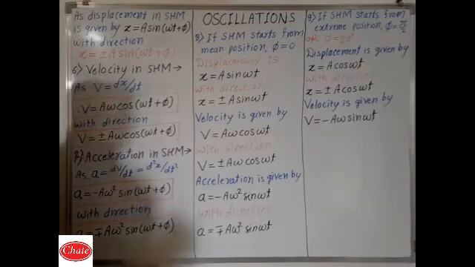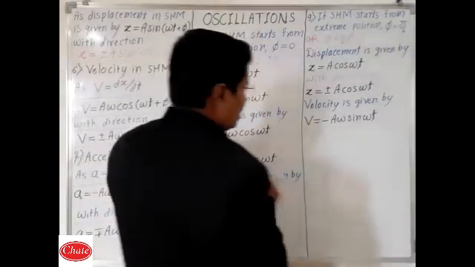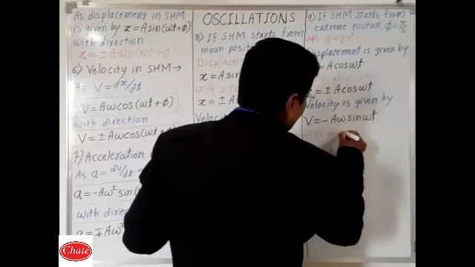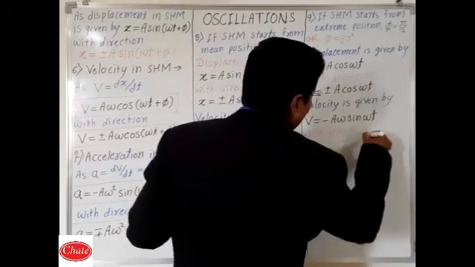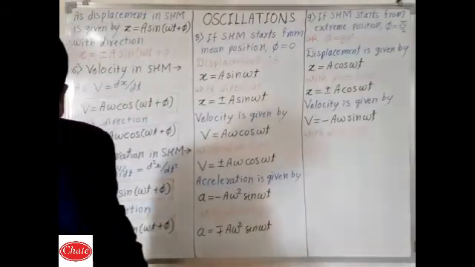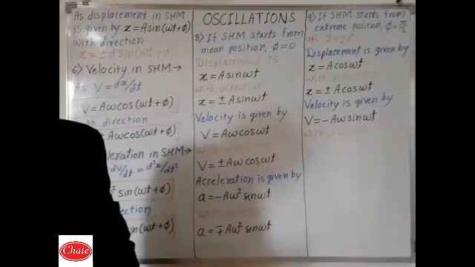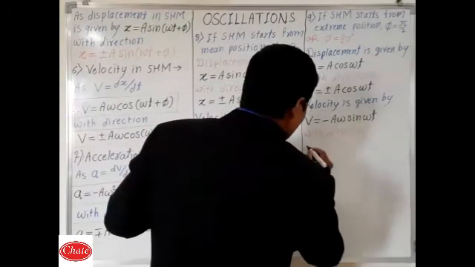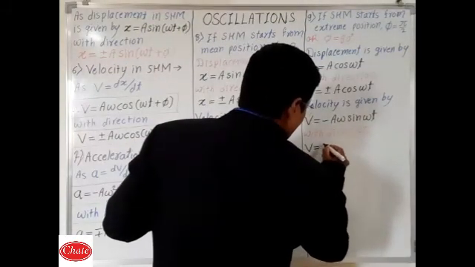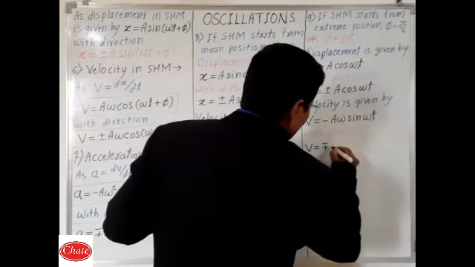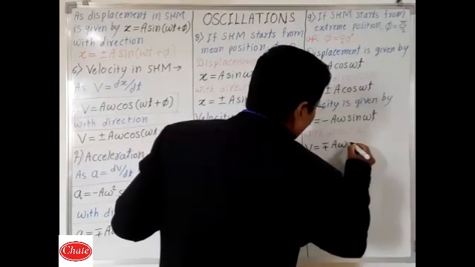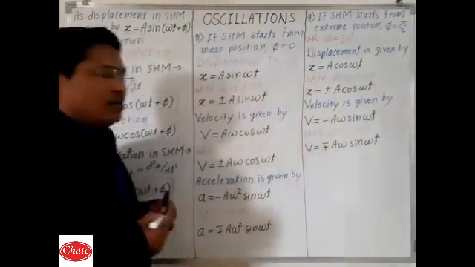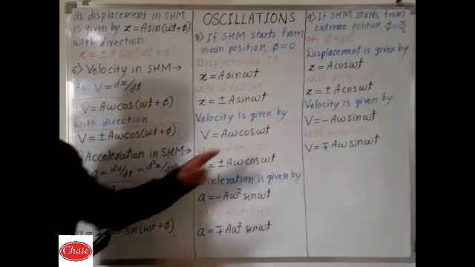These are the velocity equations. With direction you can simply write, look at here, v is equal to minus or plus a omega sin omega t. Clear? Done.